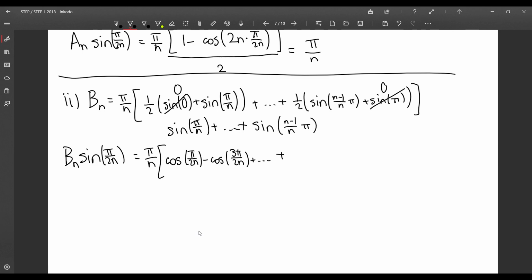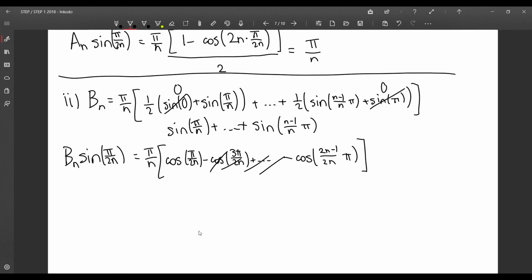And then when we get to this term, and we add 1 over 2n, well, we would get minus cosine of 2n minus 1 over 2n pi.